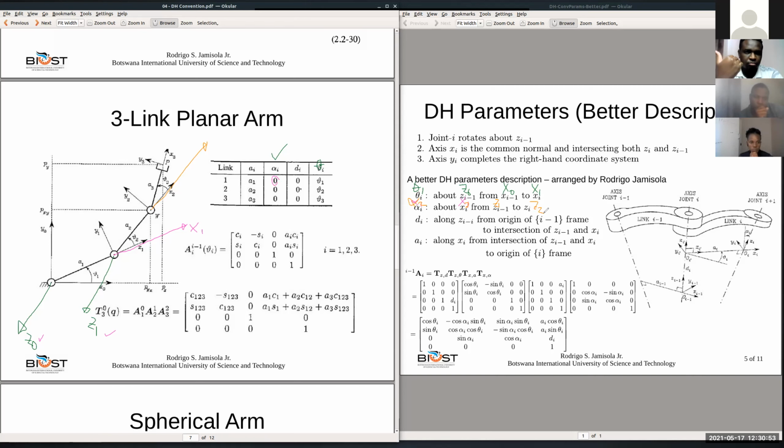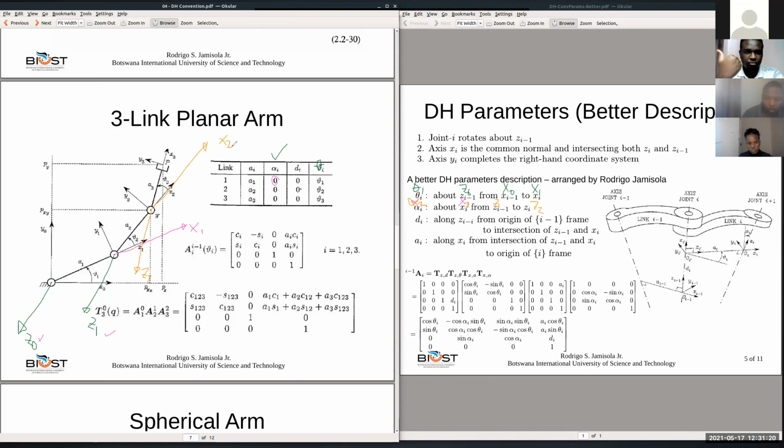Put your thumb on x2. This is x2. Now point the 4 remaining fingers of your hand to where your z1 is. This is your z2. Your x2 is in that direction.